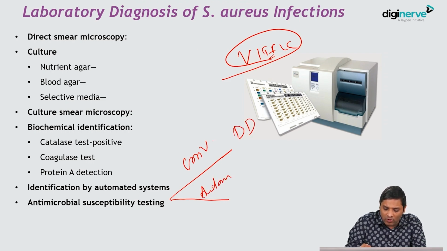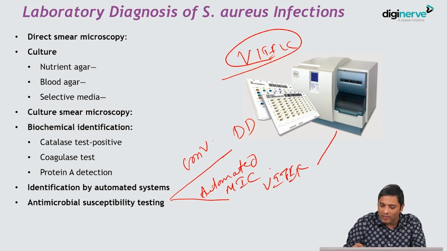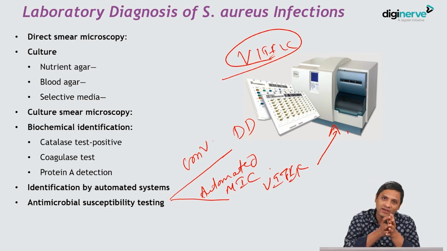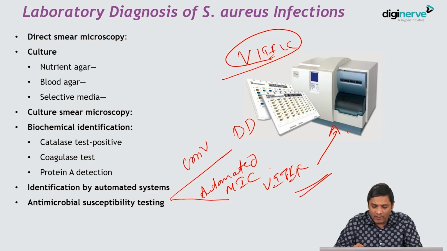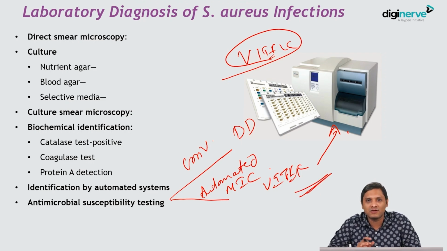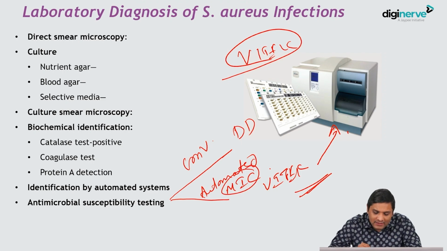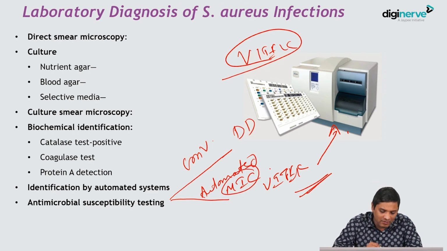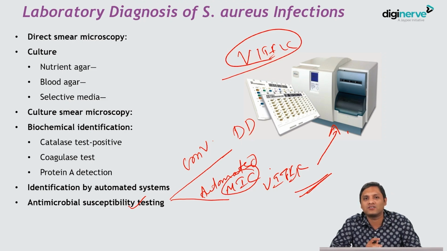You can also go for an automated MIC based detection method. An example is Vitek. The same Vitek equipment you can use for identification, and you can also use it for antibiotic susceptibility testing by the MIC based detection method. So these are the methods for antibiotic susceptibility testing for Staphylococcus aureus.